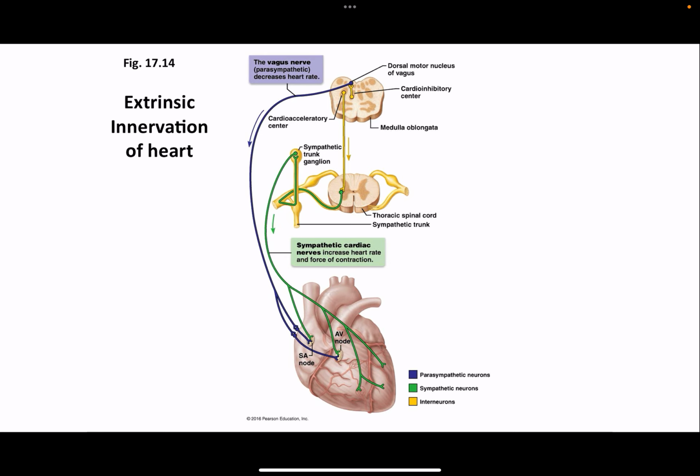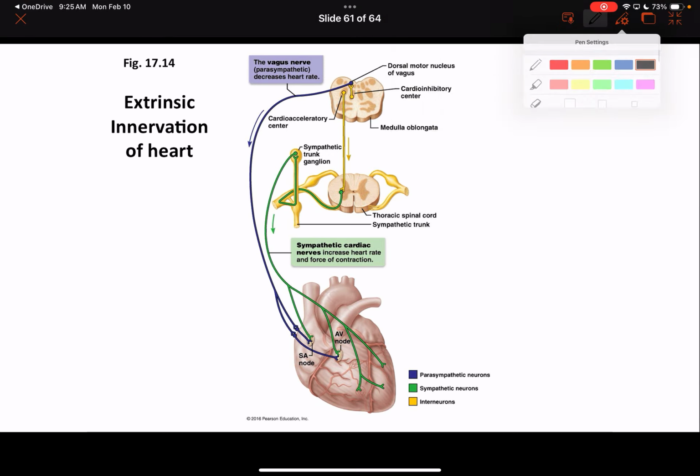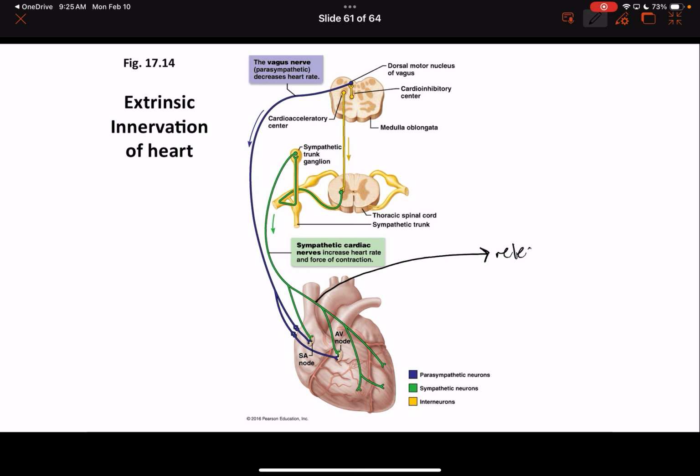Now, one thing I want to talk about really quickly, we only have about 10 minutes before the next class comes in, but if you remember from the autonomic nervous system, we have our sympathetic nervous system that's going to help regulate the pacing of the heart in times of stress or exercise, physical activity. One thing to know, and to put this in your notes, is that the sympathetic nervous system releases epinephrine and norepinephrine.